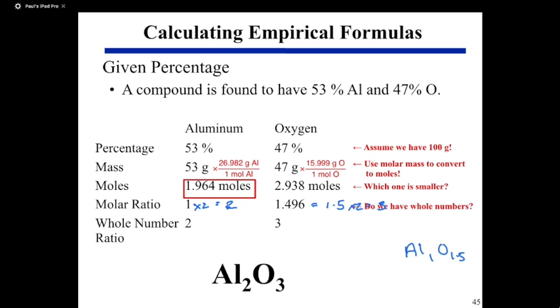So crisscross: 3 down, 2 down. Does that make sense? Sometimes you can check these by looking at the compound that it's made. And so we can calculate an empirical formula based upon data. Empirical formula, small whole number ratio.